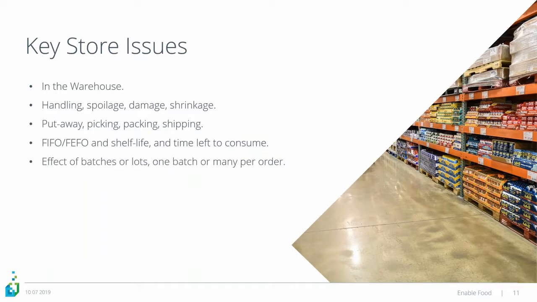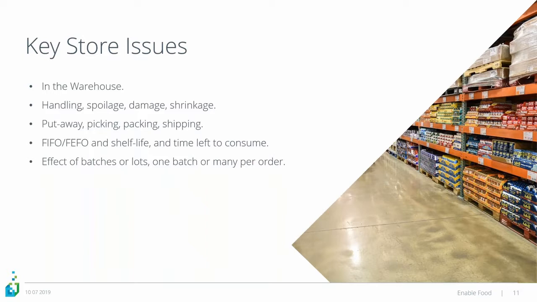Something you might need to think about is the effect of batches. Sometimes customers, I mean, us as the retailers filling our stores, will ask a food manufacturer, don't send me a delivery with more than 1 batch in it. So if you've been making soups, make sure all the soups come from that 1 mix, not from 3 different mixes. And that's kind of to reduce the probability of problems if you do need to recall the stuff.